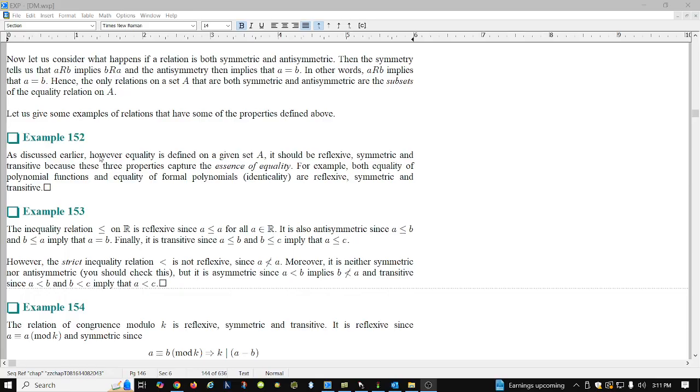I've talked about equality at some length earlier. However equality is defined on a given set, it should be reflexive, symmetric, and transitive. And the reason is that these are the properties that really capture the essence of equality. Everything should be equal to itself. If A is equal to B, B should be equal to A. Otherwise, it's chaos.